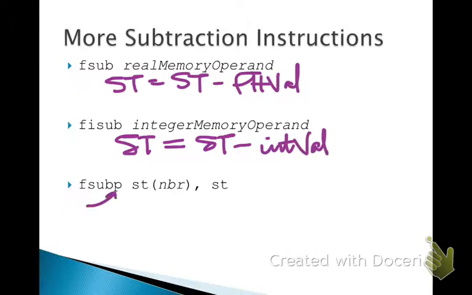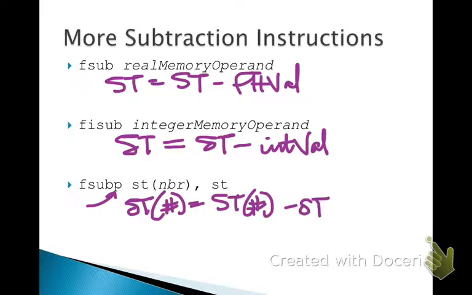And in this case, I see the P suffix. This will do the same thing. So stack top number is going to equal stack top number minus stack top, and then it will pop stack top after that. Okay?